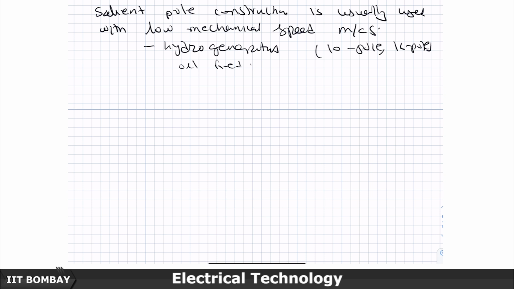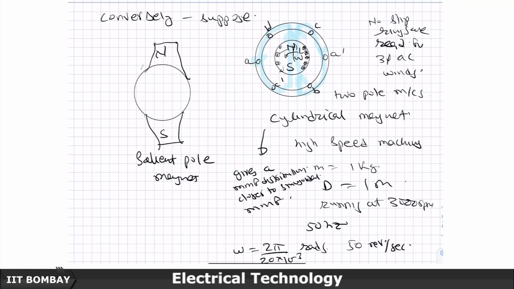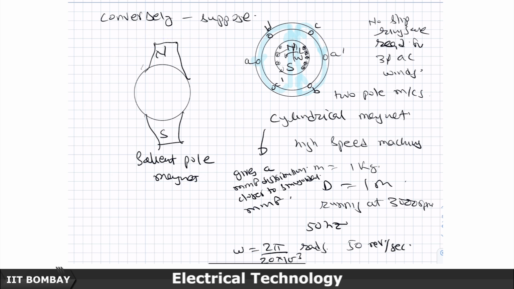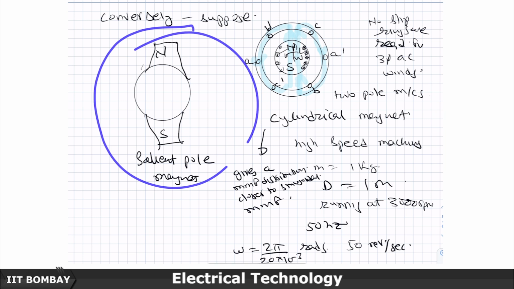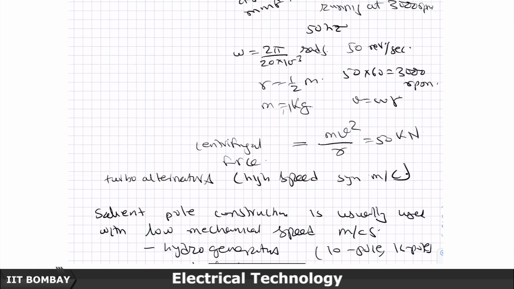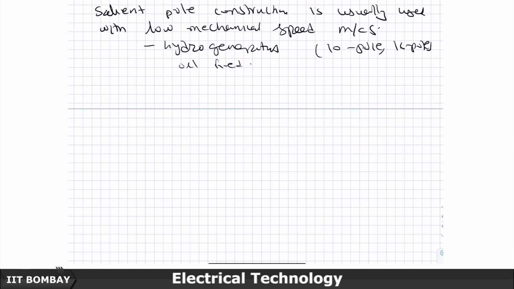How you rotate it is not important. Then you can create this action, or imagine the stator sitting on the outside here, and you can create the alternator. But if it cannot pick up that much speed as a high speed steam impinging on the turbine blade that creates 3000 rpm, you cannot create that kind of a speed.